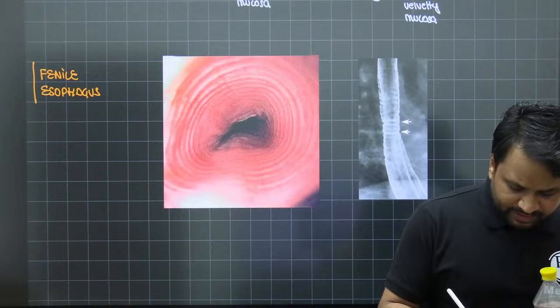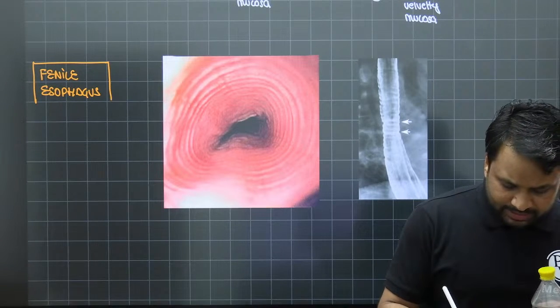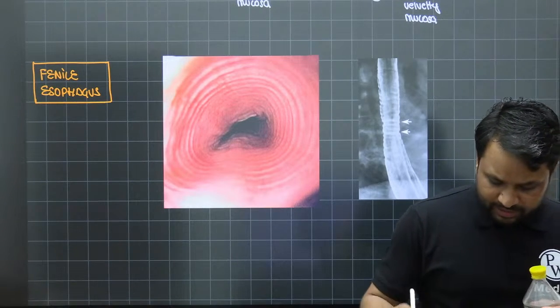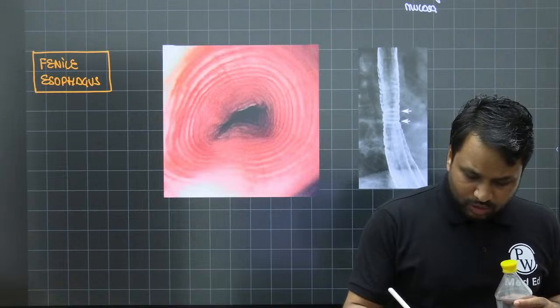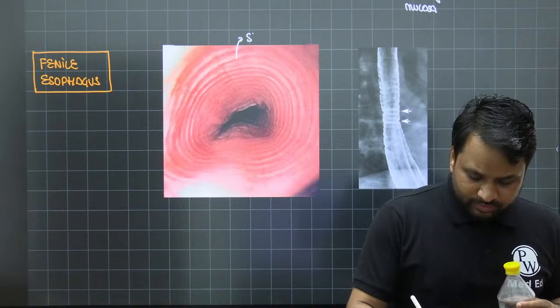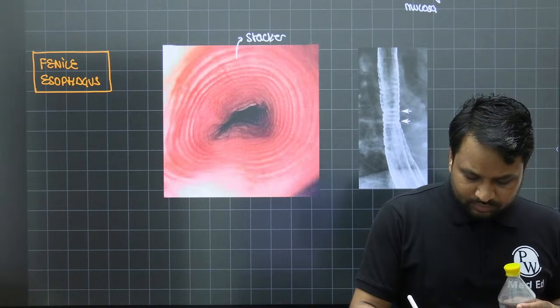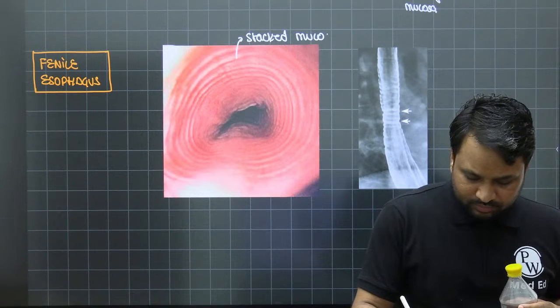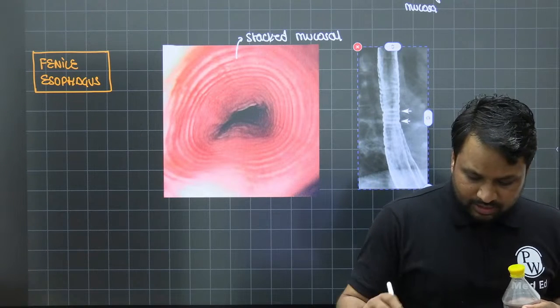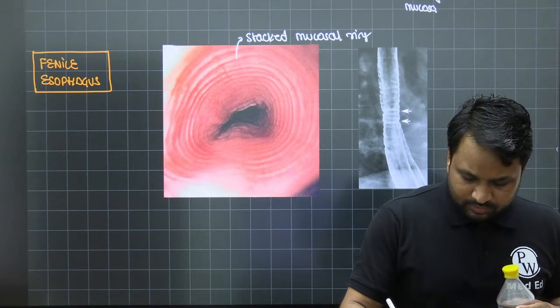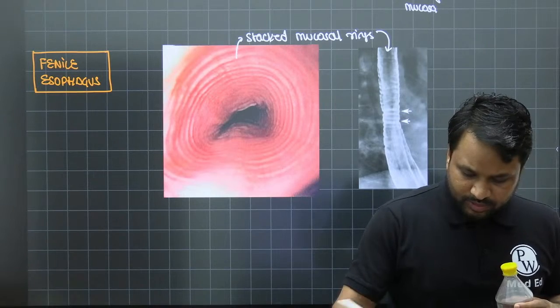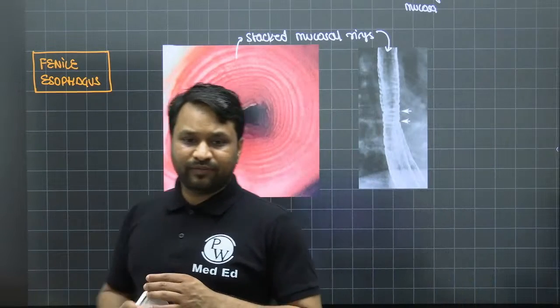When you look at the feline esophagus, the classical description of the feline esophagus is your stacked mucosal rings. These are stacked mucosal rings. You can see it here also, right? So that is how they look on a feline esophagus.